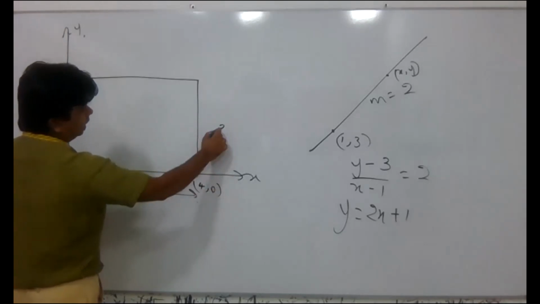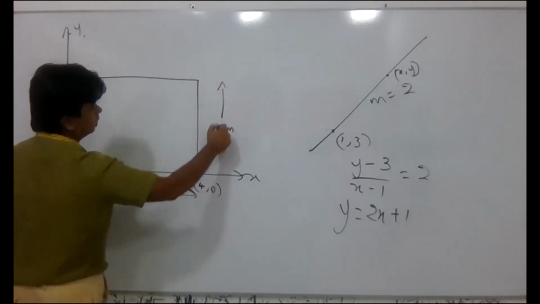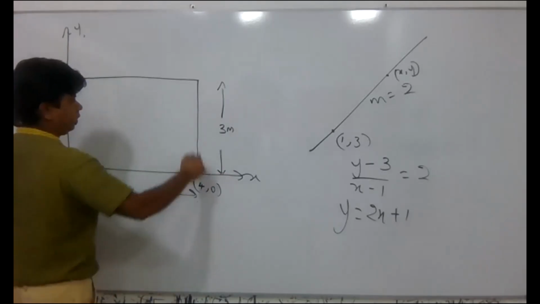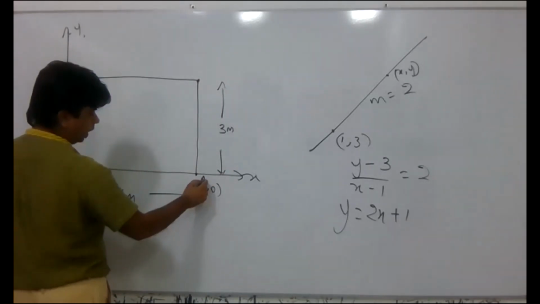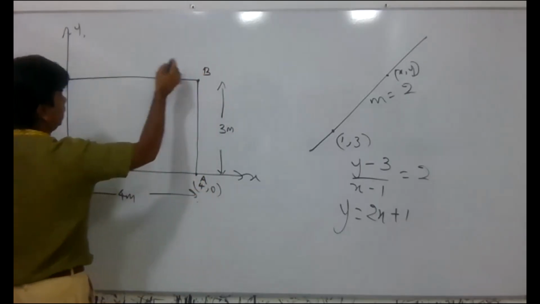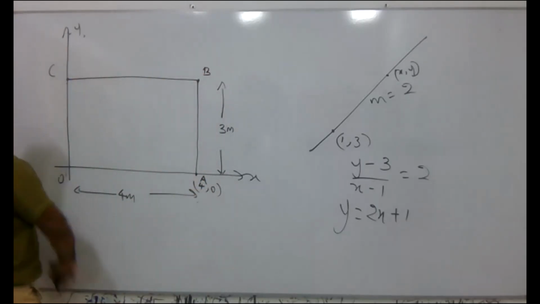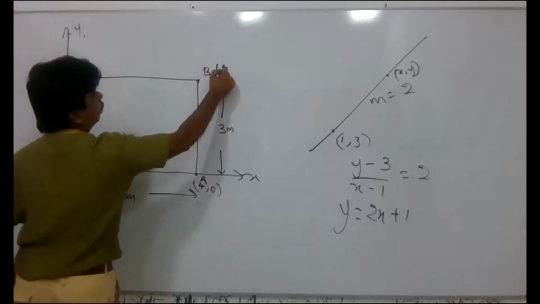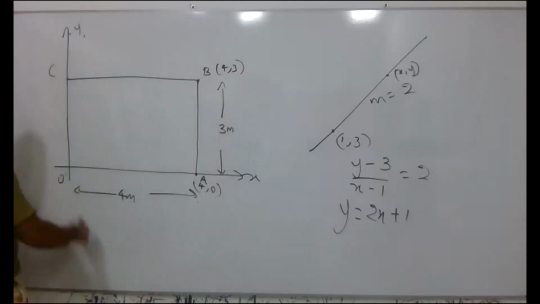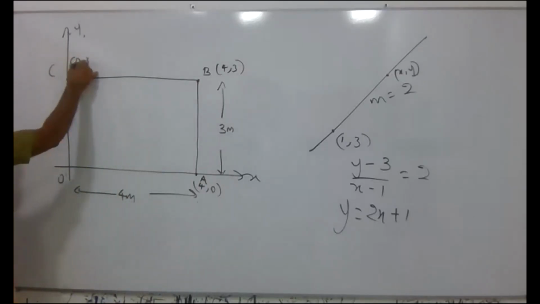I'll take this height as 3 meters. I'll take O, A, B, and C here. Then this coordinate is 4,3, and the point C, this coordinate is 0,3. Clear?